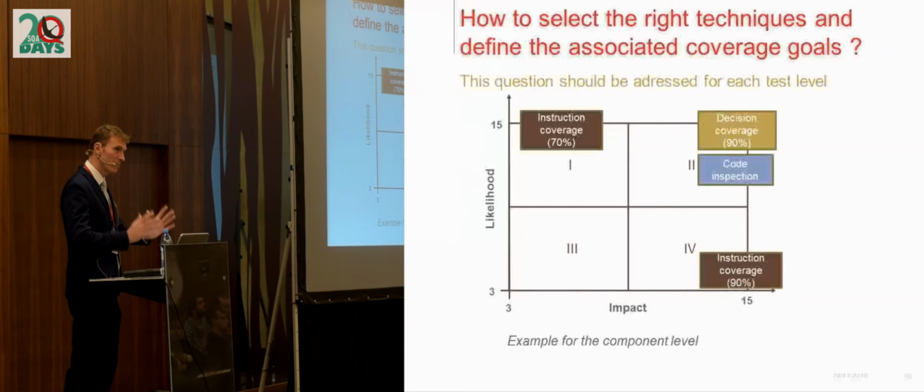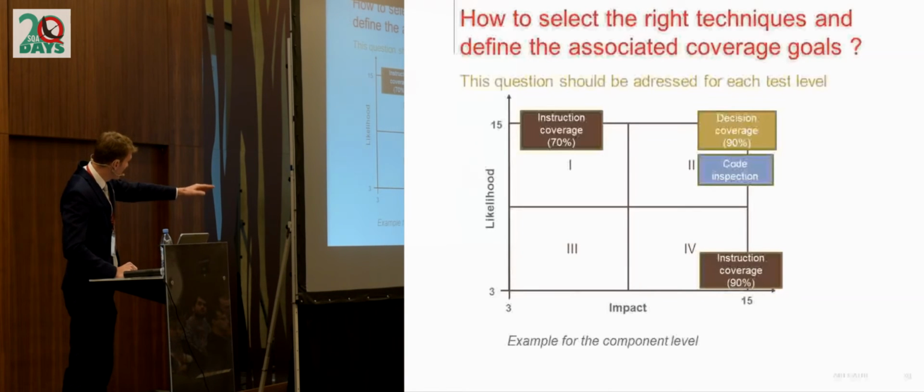For example, we are working on the software testing. We would like to measure the decision coverage to see how the software is executed and covered during the test execution. If the impact is very high, we will have a very demanding goal, like 90% decision coverage, which is really not easy to reach.